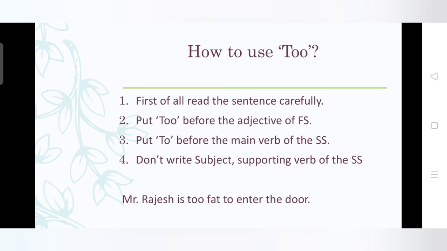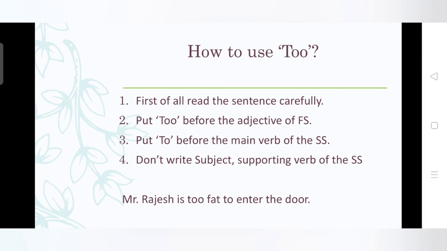Fourth thing that you must understand is that you don't write the subject and supporting verb of the second sentence. Now you have seen both the sentences. The first sentence was Mr. Rajesh, and the second sentence, he cannot enter the door.